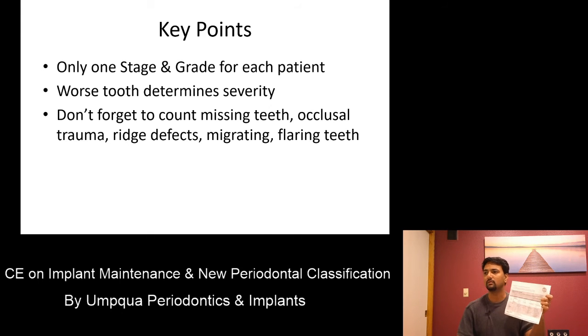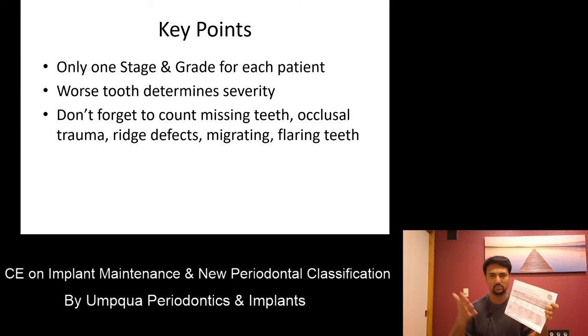For example, missing teeth. The difference between stage 3 and stage 4, they're both severe. But if you're missing 4 or more teeth, then the case is more complex to manage, so it is automatically a stage 4. If you have migrating or flaring teeth, ridge defects, occlusal trauma on top of periodontal disease, severe ridge defects, that all upgrades or makes it complex to manage that case.